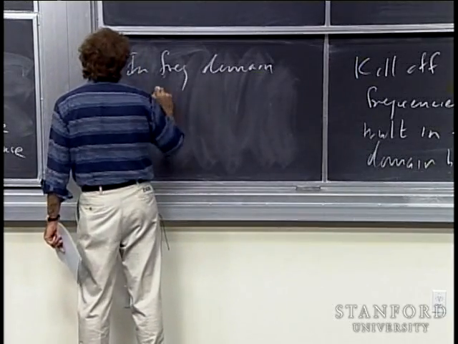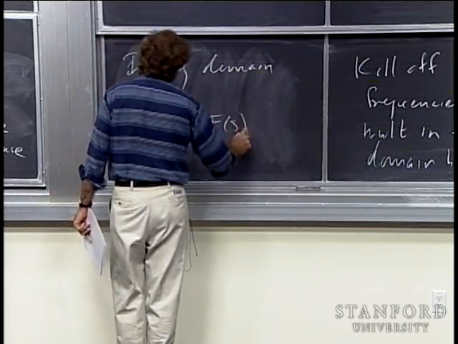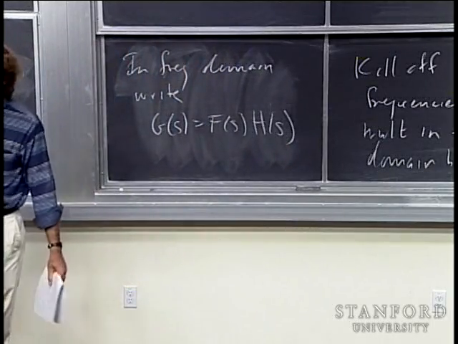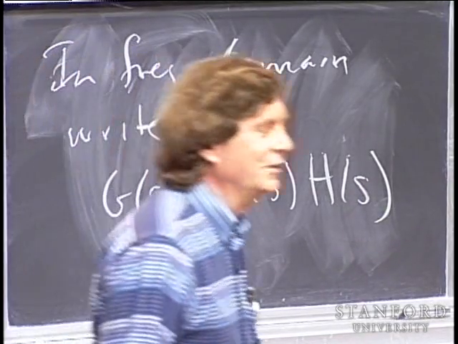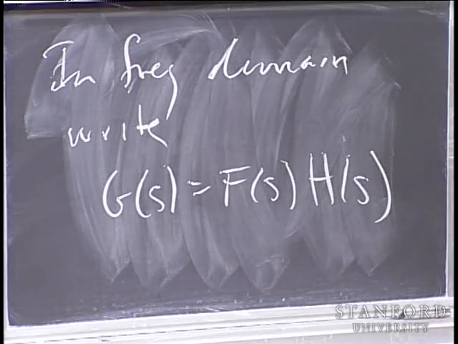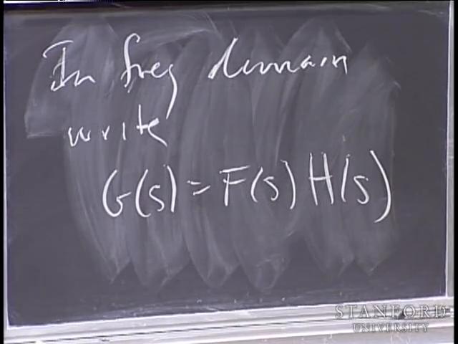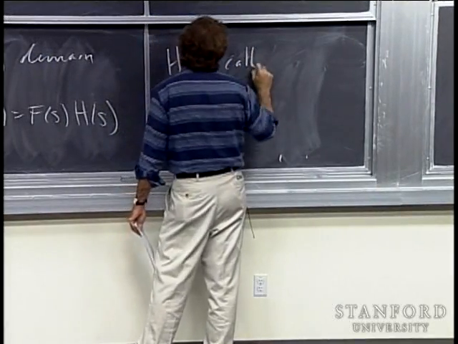You write this as G of S equals capital F of S times capital H of S. In this context, capital H of S is always called the transfer function, and it's always written as capital H. I don't know why, but it always is. So capital H is called the transfer function.